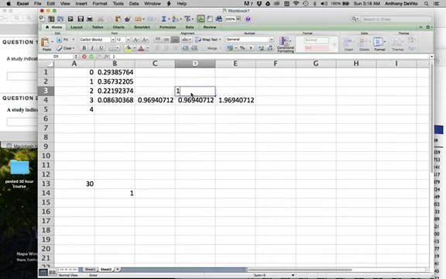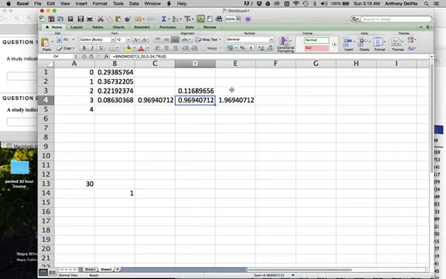So 1 minus, oops, no, actually, it has to be cumulative. Okay, and 2, comma, 30, comma, 0.04, comma, and true. So this value would give me the probability of 2 or fewer, and subtracted from 1 it would give me the probability of 3 or more. And that would be 11%.